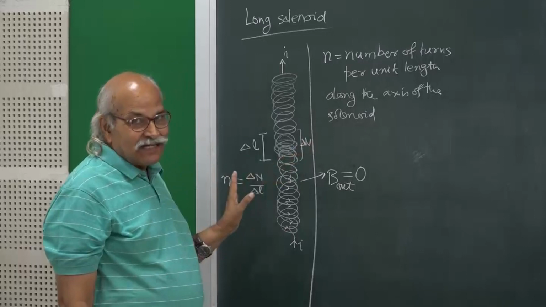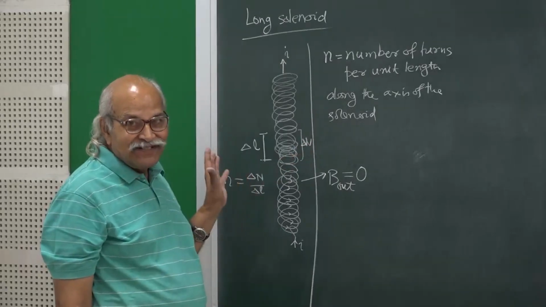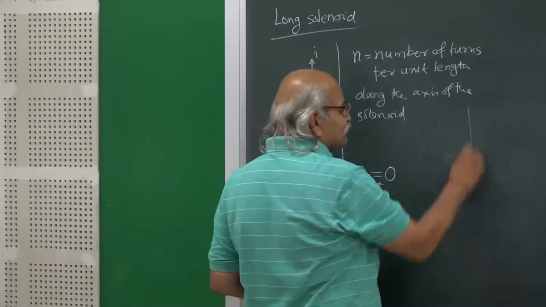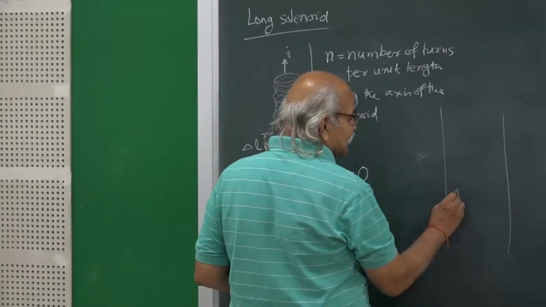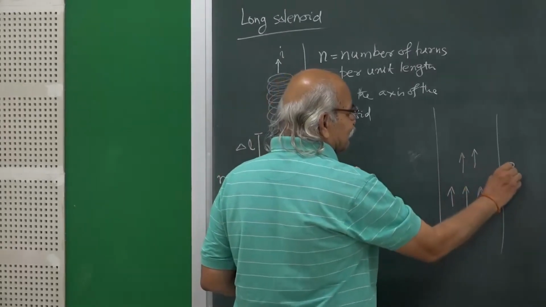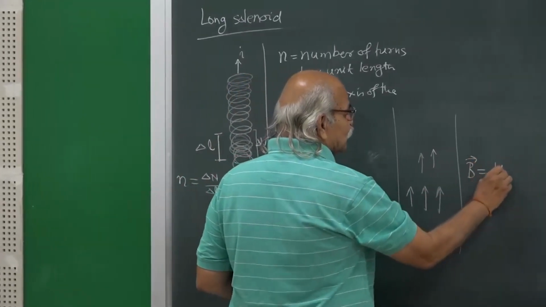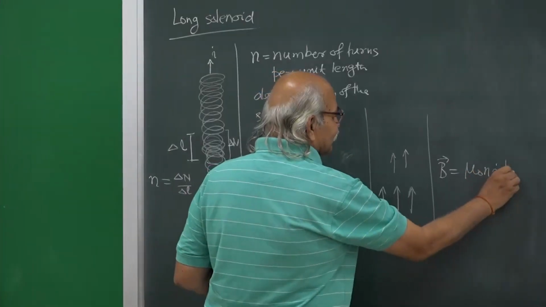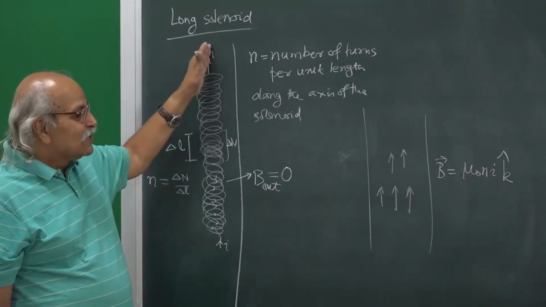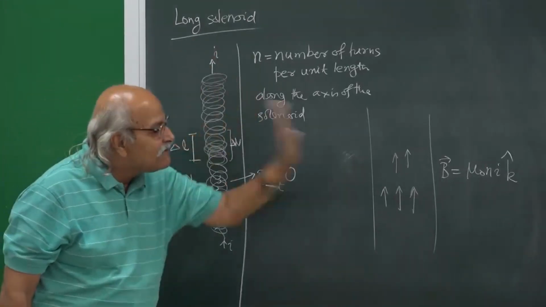You already know the result: for a long solenoid, the magnetic field is along the axis, and the value is mu naught n I, in the direction of the solenoid axis. But how do I derive that?